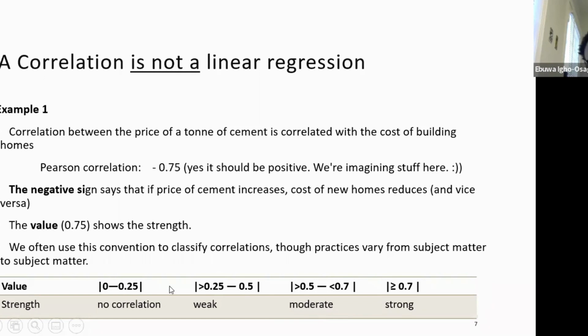So let me tell you something about this table before we talk about implications. This table is not hard and fast. Some people will tell you that even though there's a 0.25 correlation, where I have no correlation here, there is a correlation. In fact, my advisor would see a 0.4 correlation and say this is a strong correlation.